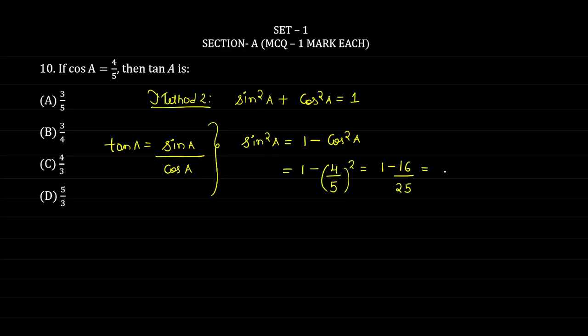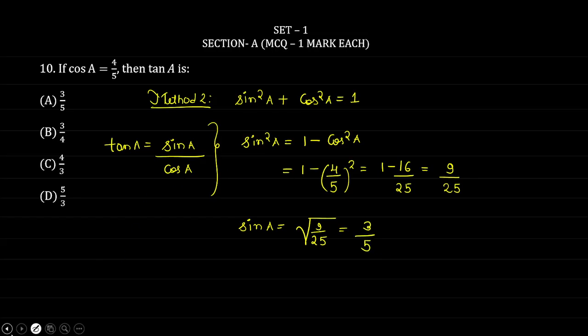And this is equal to 9 by 25. I want the value of sine A, so I'll take the square root of this value. That is the square root of 9 by 25, which is again the positive value 3 by 5.